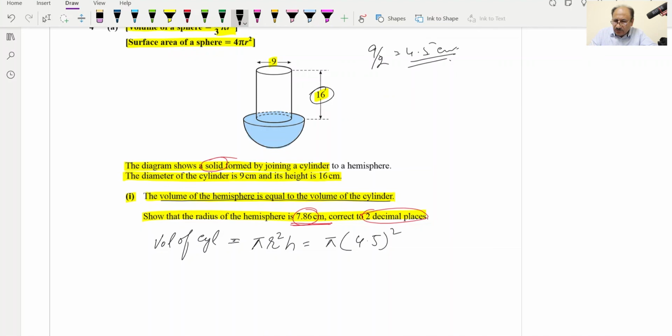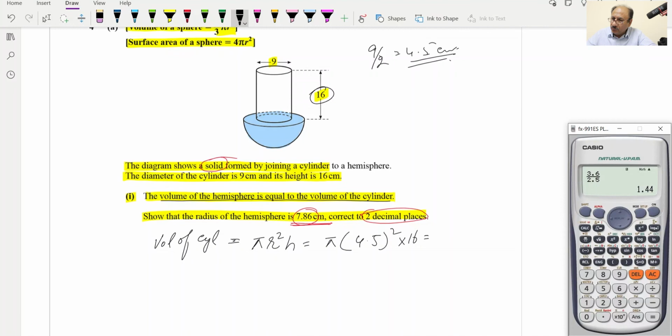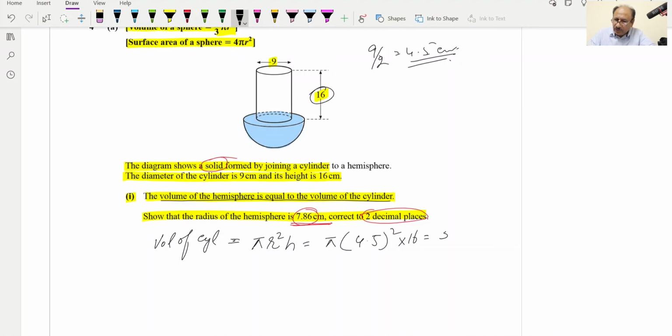So it is pi into 4.5 squared multiplied by 16, which is equal to 324 pi. This will be the volume of the cylinder.